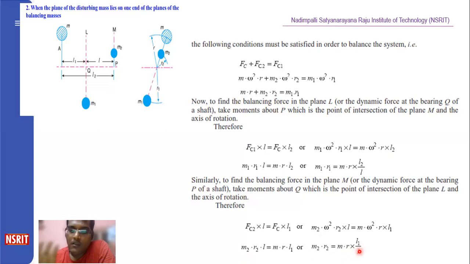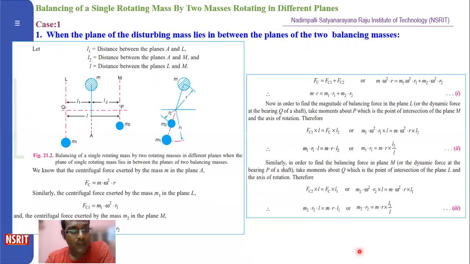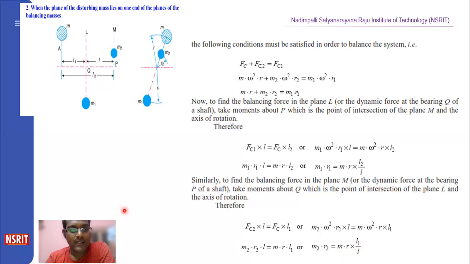This is about balancing a single disturbing mass with two different masses. In case one, it lies in between the planes of the two balancing masses, in the middle but in the opposite direction. But in case two, it lies on one end of the balancing masses.